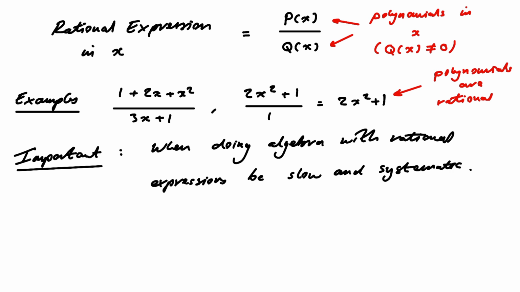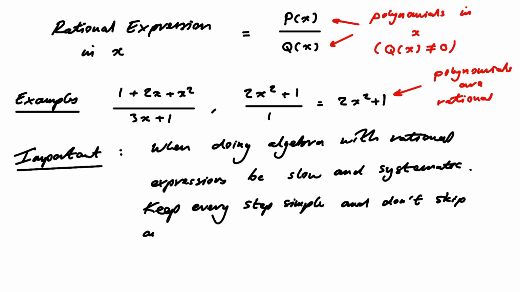So don't try and jump steps. Make sure everything is done in a completely calm, methodical way. So keep every step simple and don't skip any. It's not a competition to see how incredibly quickly someone can go through various algebraic steps. It's basically doing it correctly. It's much more important that you can do it slowly and correctly above anything else.